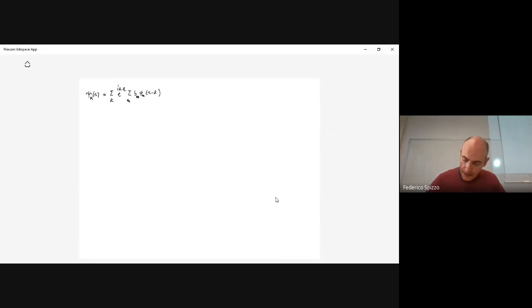So if I make a translation like this, so if I sum a vector G, where G is a vector of the reciprocal lattice, then this is equal to the sum over R of e to the i (k plus G) times R, and then I have the summation over m, b of m, of the atomic wave functions.